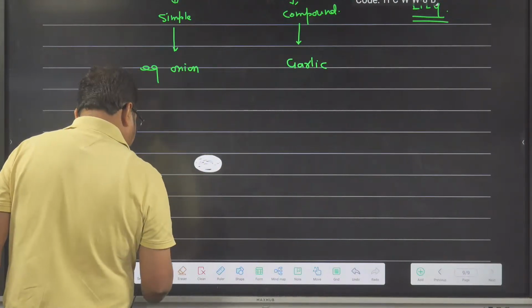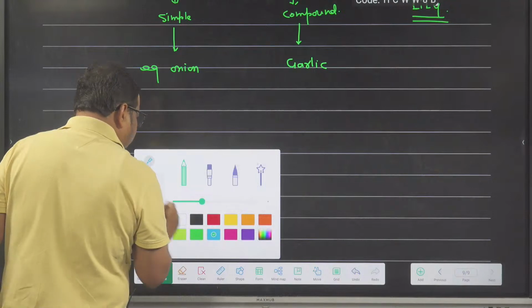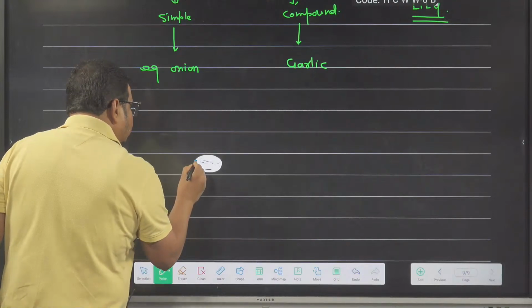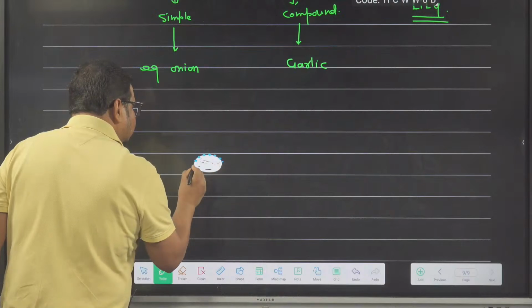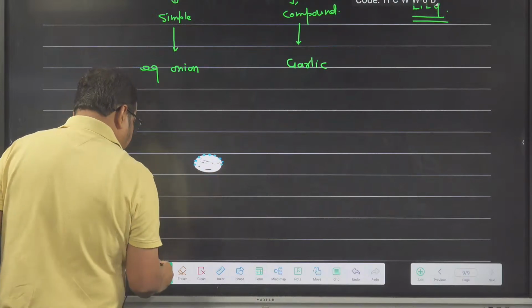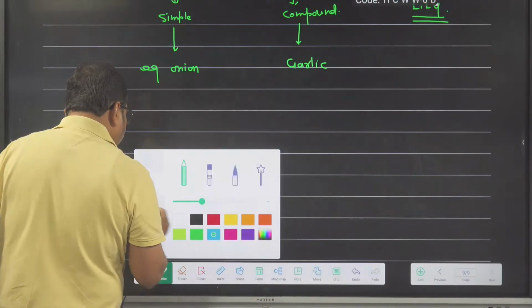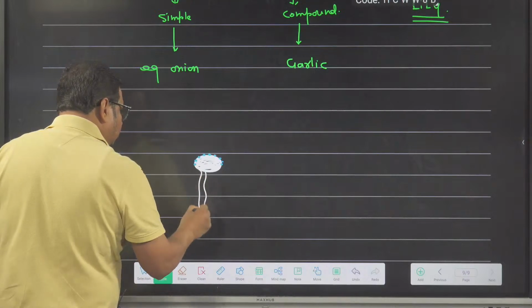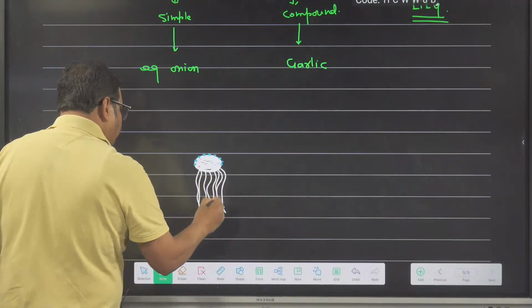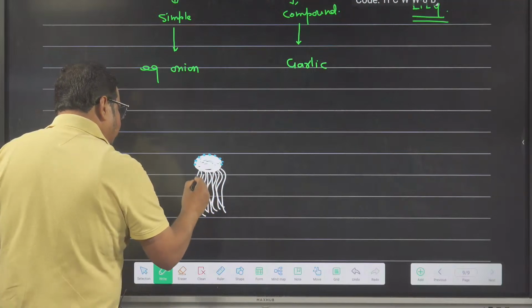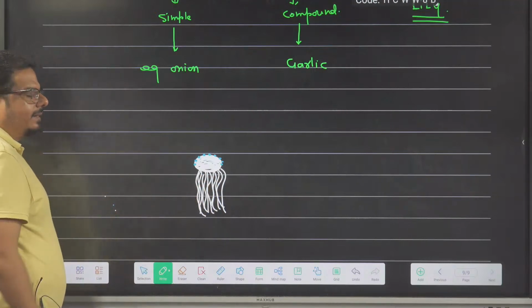Now on the disc, nodes are there. And on the lower side, roots are arising. These are roots. It is a monocot family, so fibrous root is there.